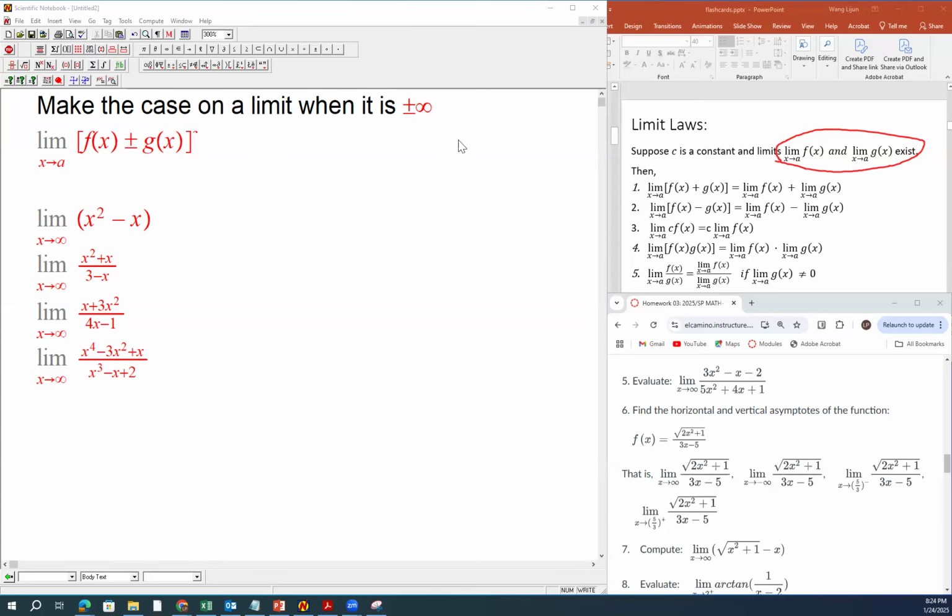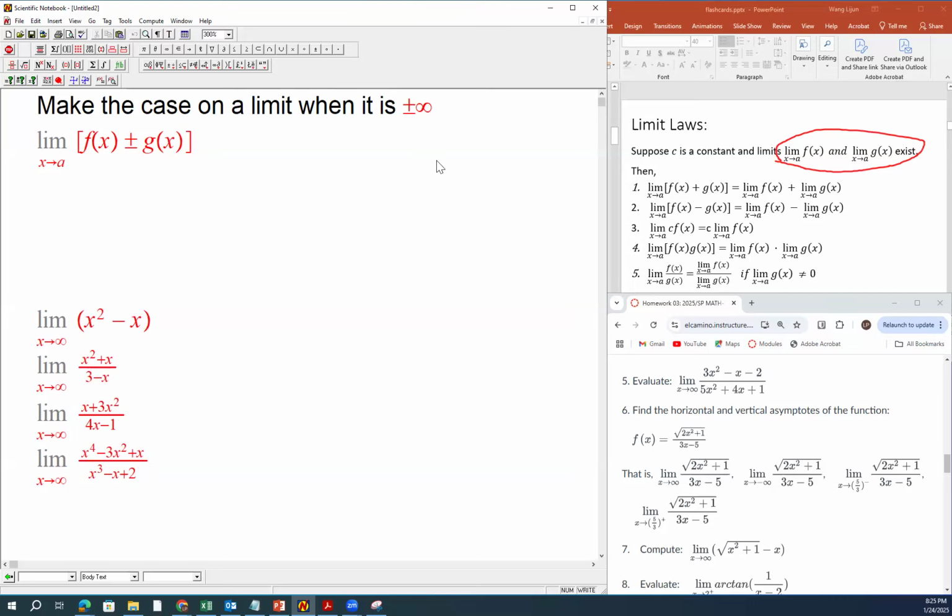And also we understand what happens when we encounter a situation where one function approaches infinity and another function approaches infinity. For example, we saw a lot of cases.